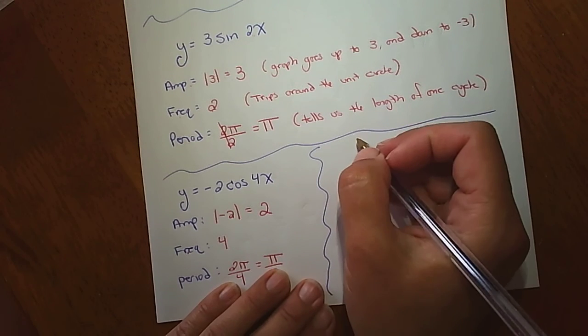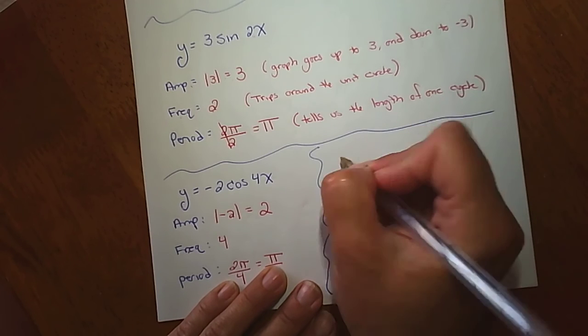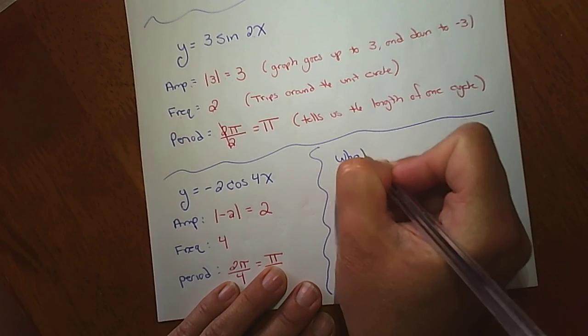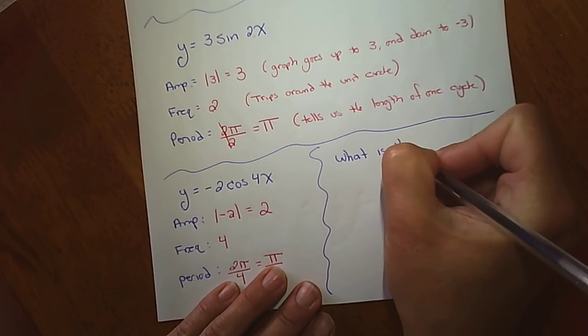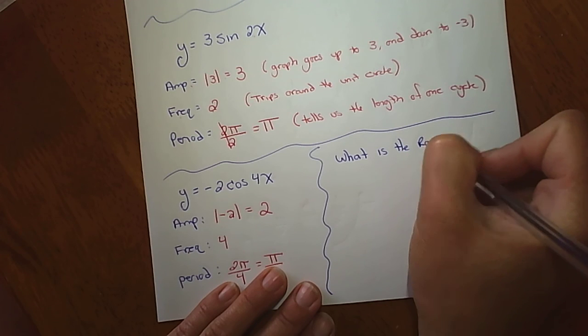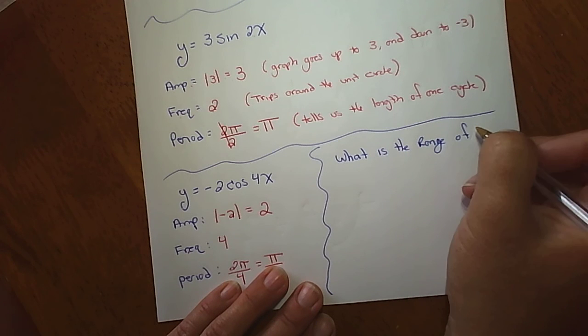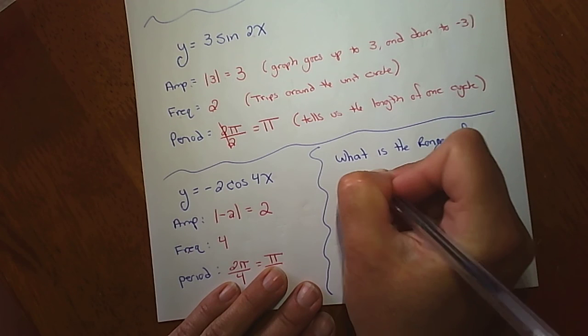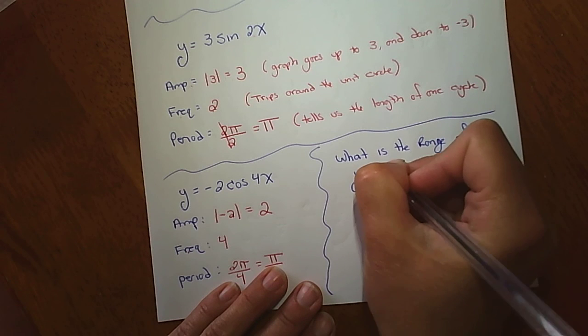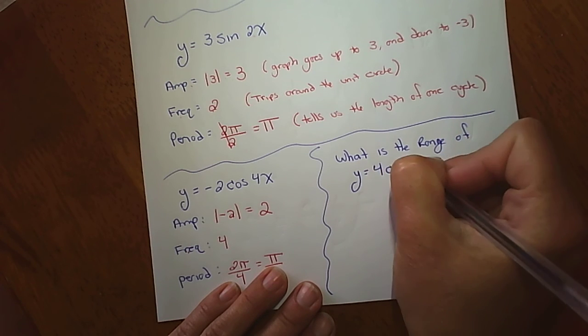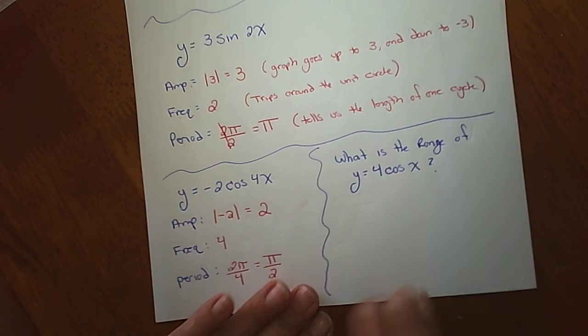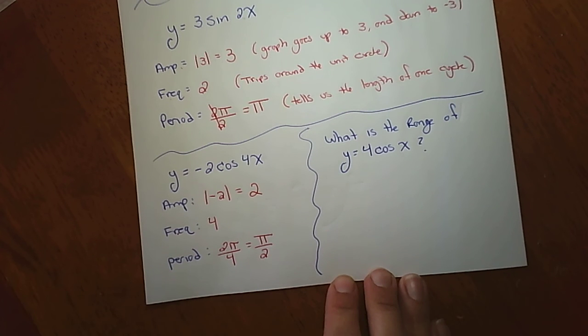What if I say, what is the range of y equals 4 cos x? All right, so let's talk about what this question means.